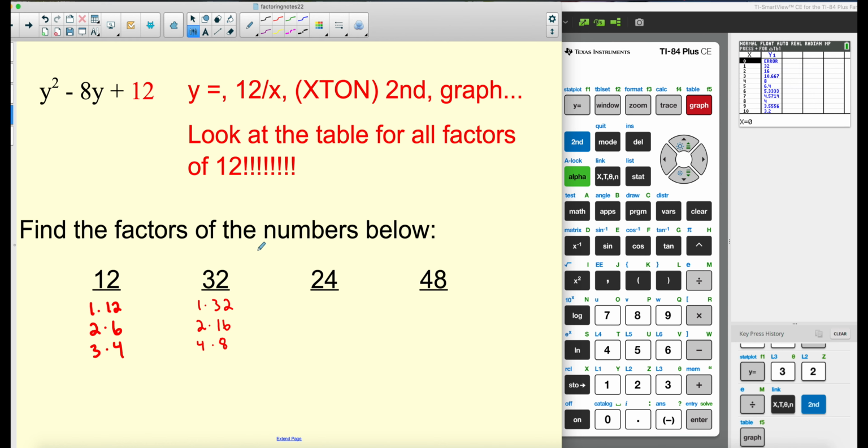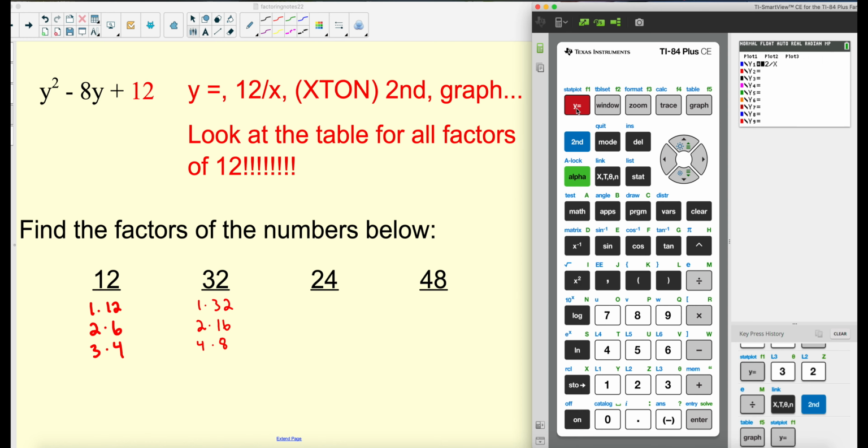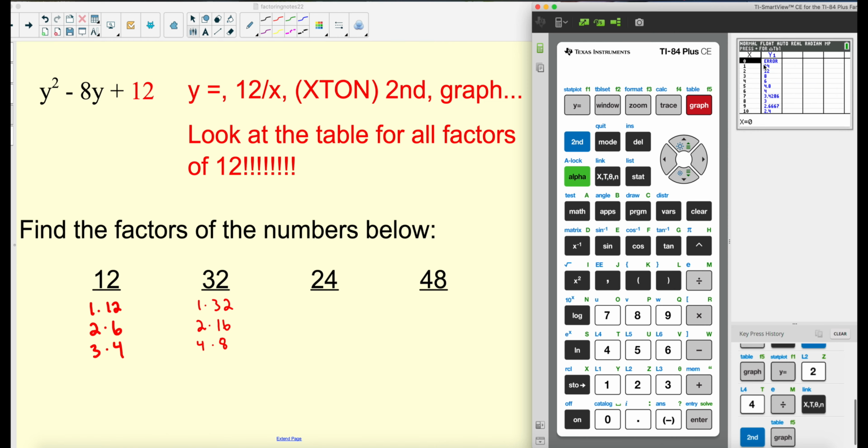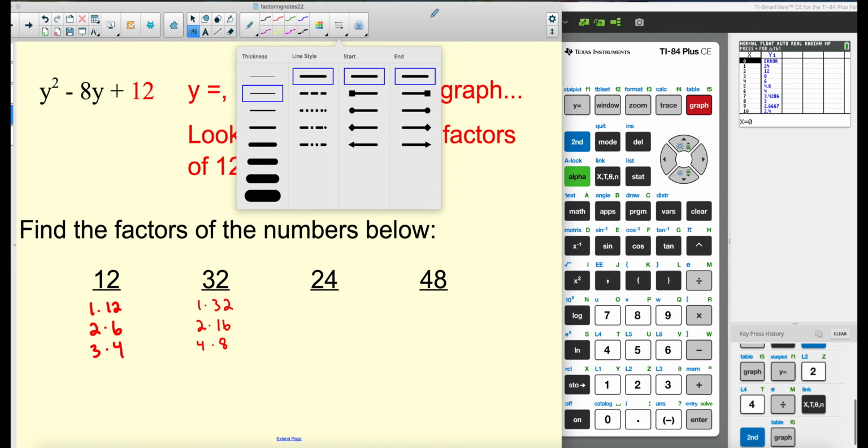Let's look at 24. Let's say I know the factors, but maybe you don't know. No problem. You go to your calculator. Hit Y equals. We put the number we're looking for, in this case 24 divided by X. And then you hit second, graph. We found error. Now we identify all the factors. 1 and 24. Let me just make sure it's all set the way I want it.